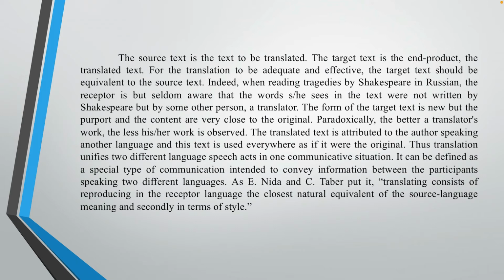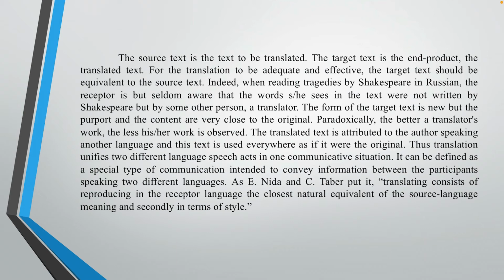The form of the target text is new, but the purport and the content are very close to the original. Paradoxically, the better a translator's work, the less his or her work is observed. The translated text is attributed to the author speaking another language, and this text is used everywhere as if it were the original. Thus, translation unifies two different languages.